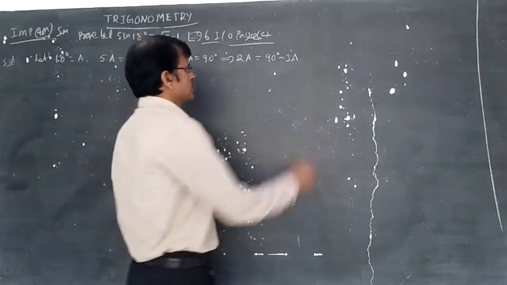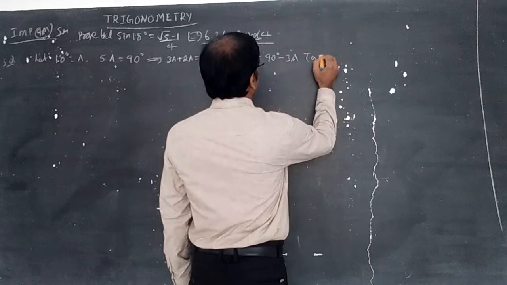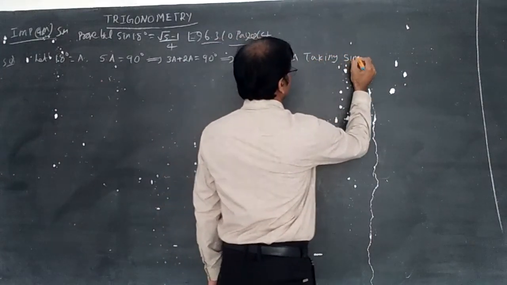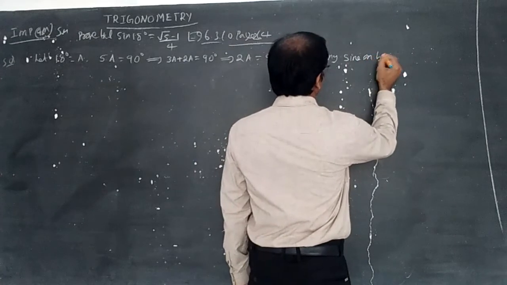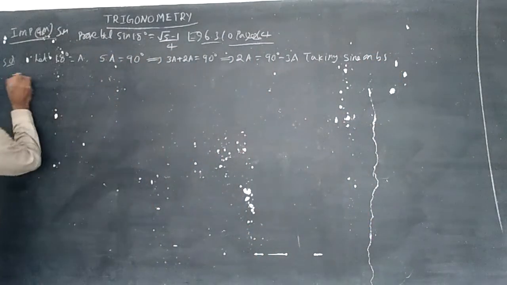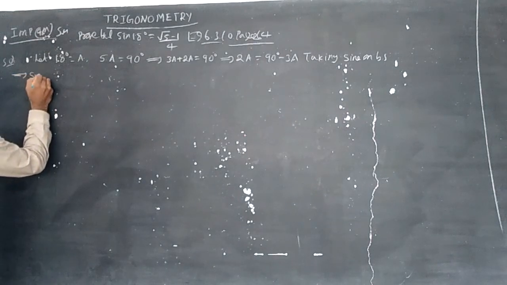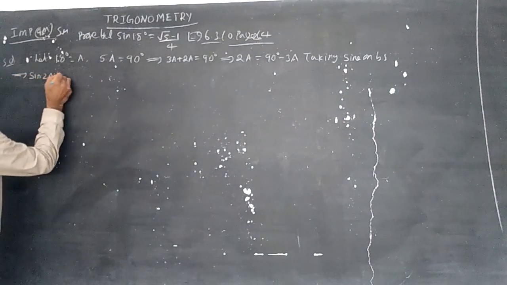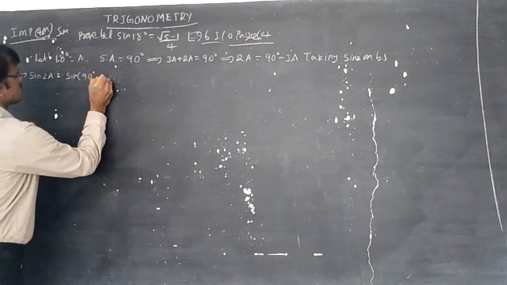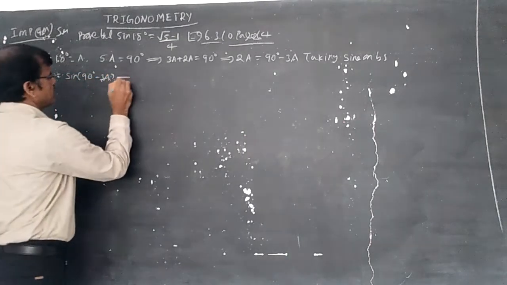90 minus 3A. Applying sin on both sides, taking the sin function on both sides, that implies sin 2A is equal to sin of 90 degrees minus 3A.